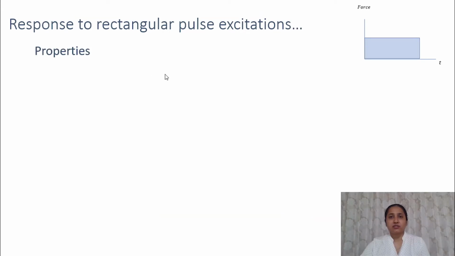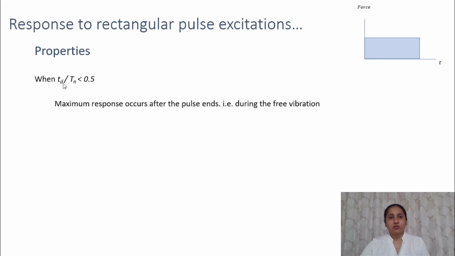Based on the results we have seen so far, we can conclude the properties of the response of a system to rectangular pulse excitations. When Td by Tn is less than half, the maximum response occurs after the pulse ends. That is, the maximum response is during the free vibration.